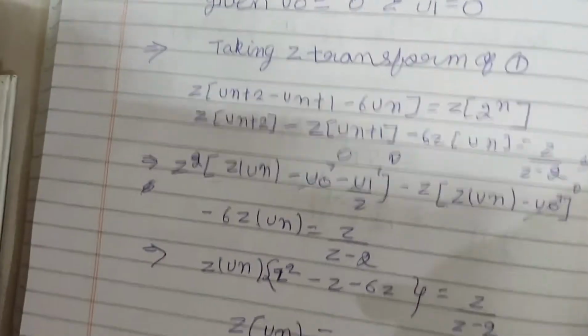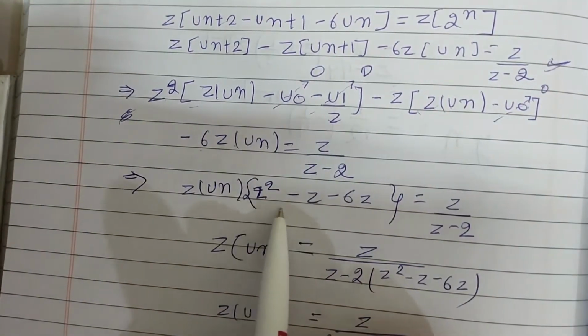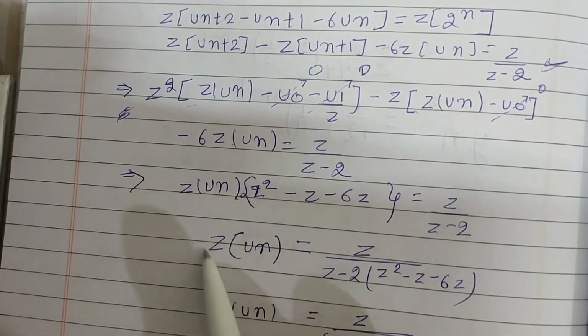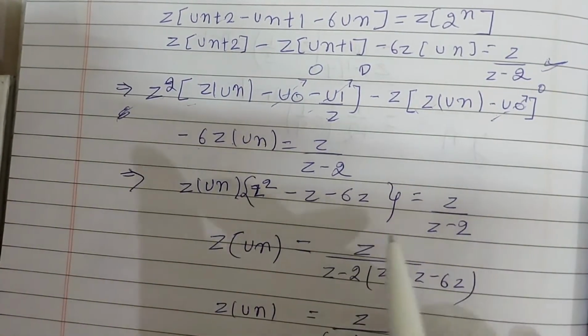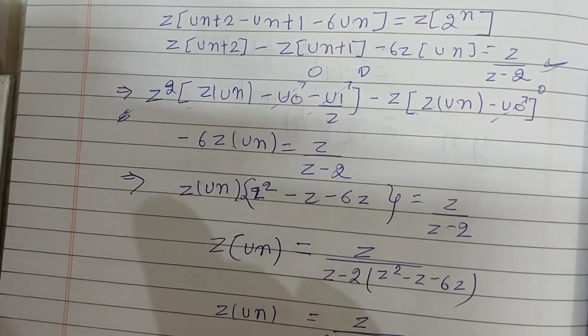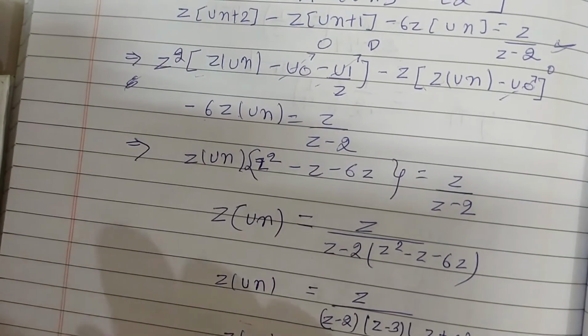Put all these values and you get this equation: z^2 U(z) minus z U(z) minus 6U(z) equals this. Keep U(z) on this side and transpose all the other things to the right-hand side. Now divide it by z, so you get this.